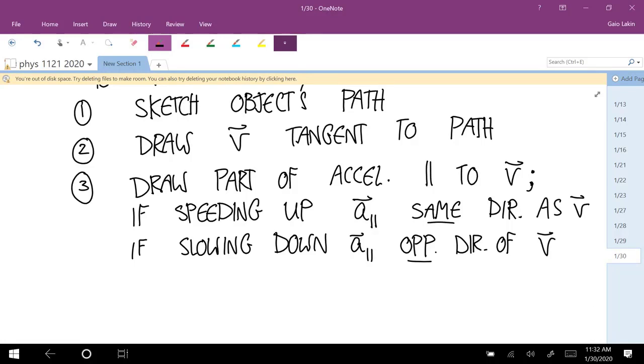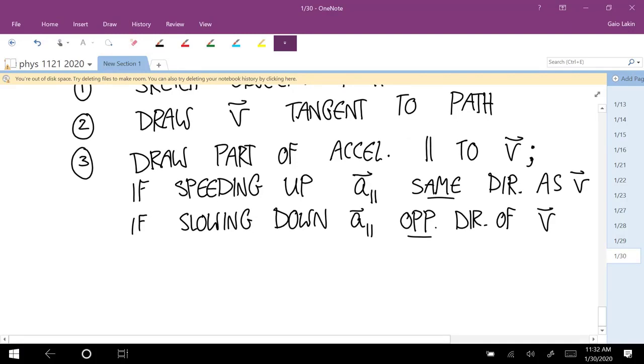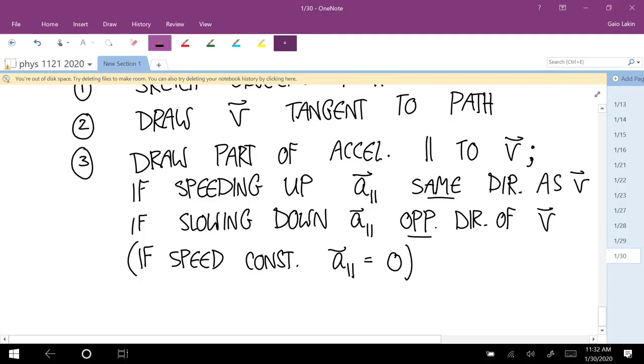And then a second part that's perpendicular to the velocity that determines whether it's turning. If the speed is constant, then there's no part of this acceleration that's parallel.